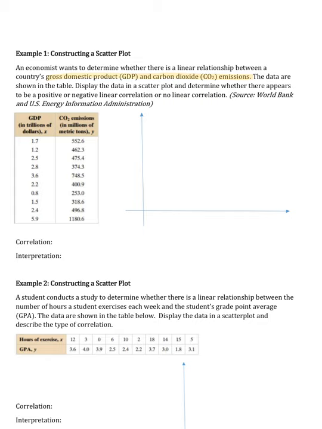The data are shown in the table. Display the data in a scatter plot and determine whether there appears to be a positive, negative, or no linear correlation. Okay, so first we need to label our axes. So our X is going to be GDP in trillions of dollars.